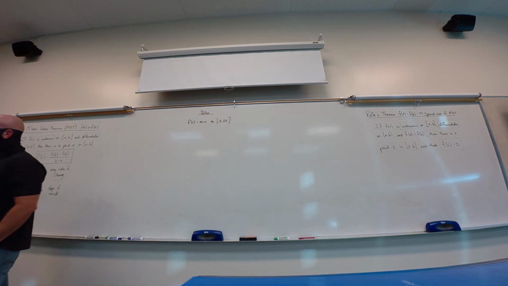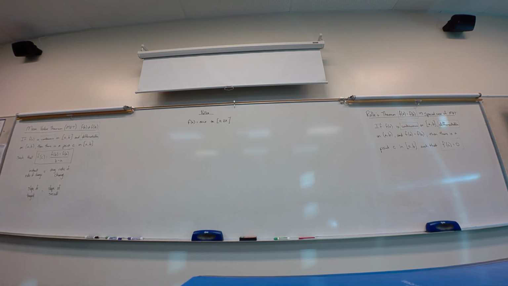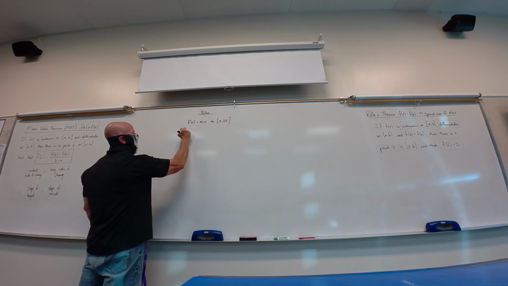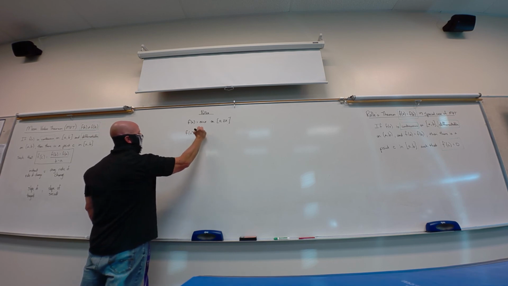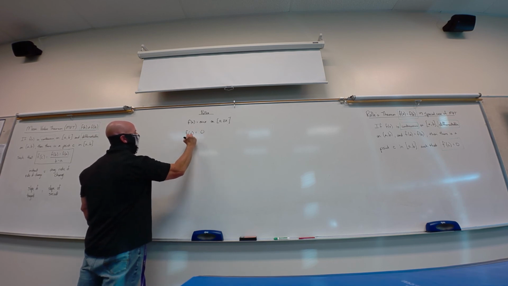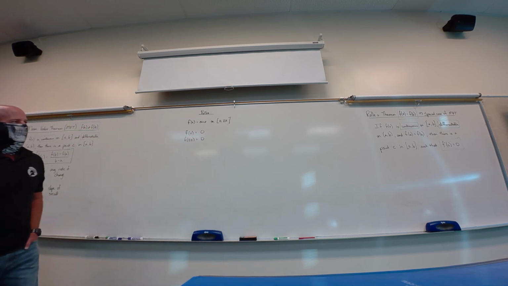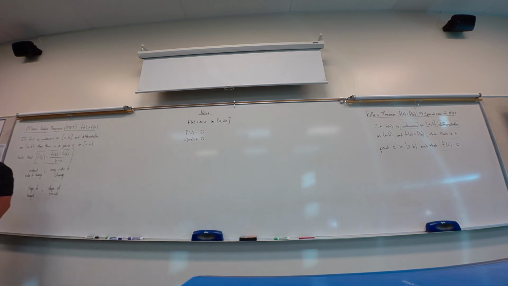The mean value theorem, I want the endpoints to be different. For Rolle's to apply, they've got to be the same. F of 0 is 0. F of 2 pi is 0. Sine of 0 is 0, sine of 2 pi is 0. Everybody okay with that? Yeah.